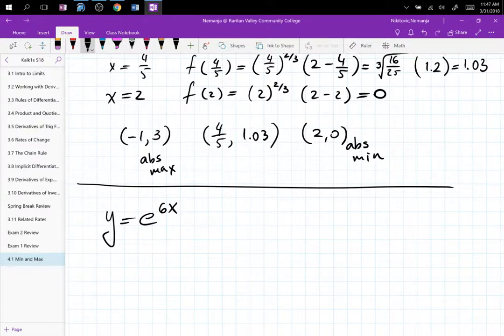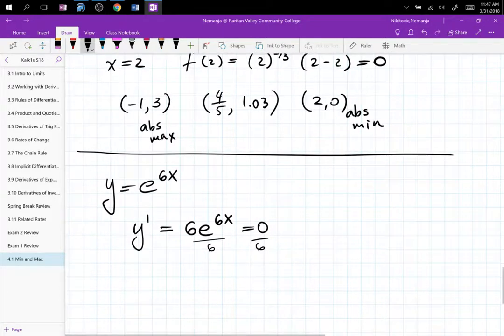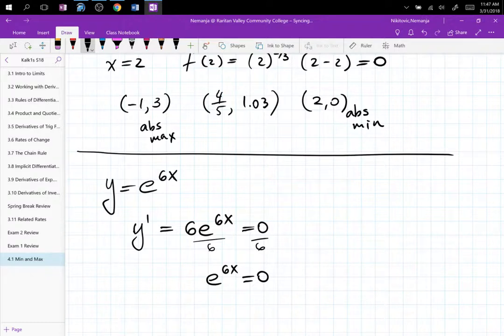So what do we have? We have y prime, the derivative, is equal to 6e to the 6x. And then you set that equal to 0, divide both sides by 6, you get e to the 6x equal to 0. And if you learned anything in your pre-calc 1 class, you know that this has no solution.